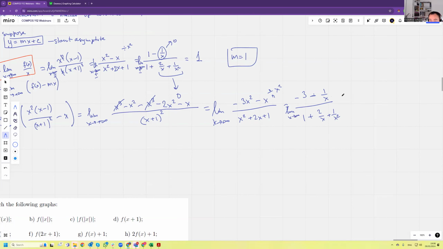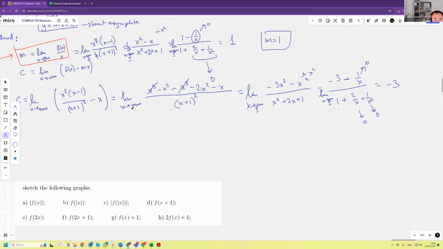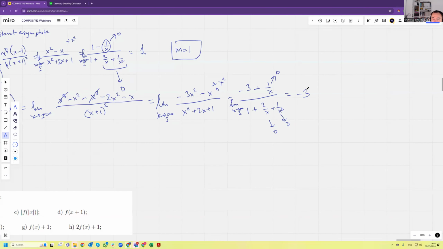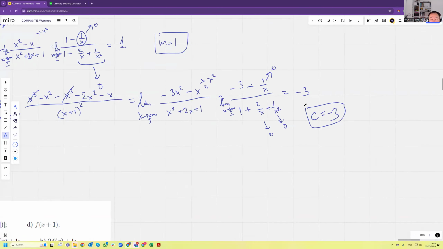We can see that this tends to 0, this tends to 0, this tends to 0. It's minus 3 over 1, so it's minus 3. And once again, it doesn't matter plus or minus, you would have the same result. And that means that c is equal to minus 3. That's how you find the slant asymptote.